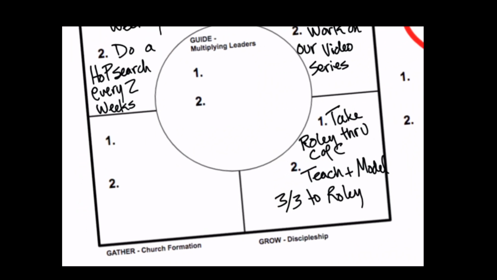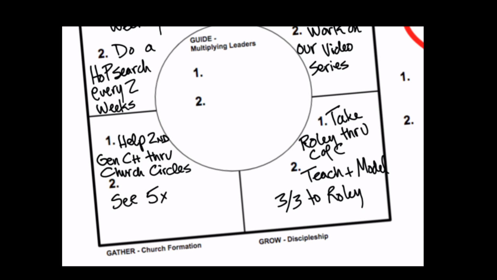For church formation, field 4, I'm going to help a second church get to healthy church and get them through the church circles. And I want to see 5 new churches planted in the next year, 2018.